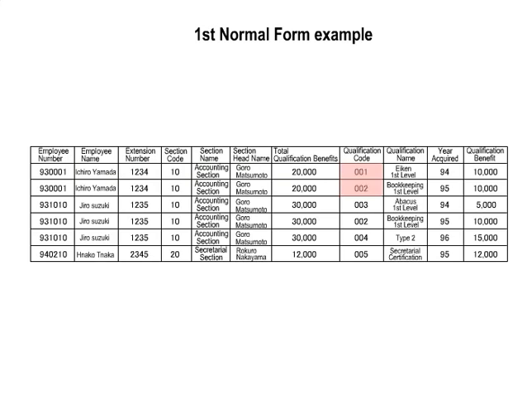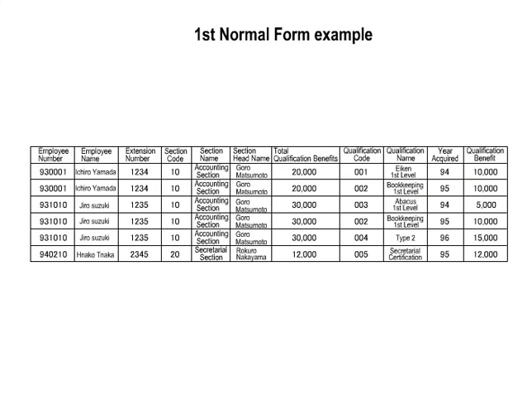Also, the qualification code can determine the qualification name and qualification benefit irrespective of the other items. Because of this, the qualification name and qualification benefit are items that are decided by the qualification code.